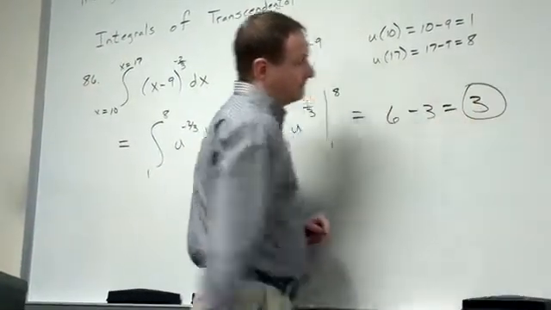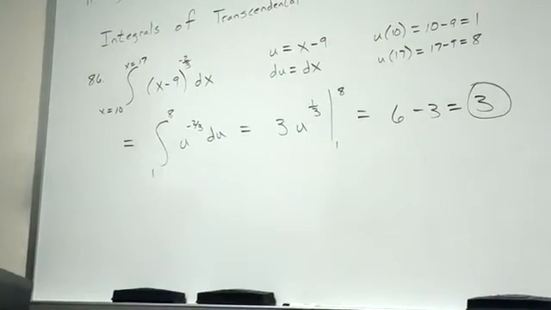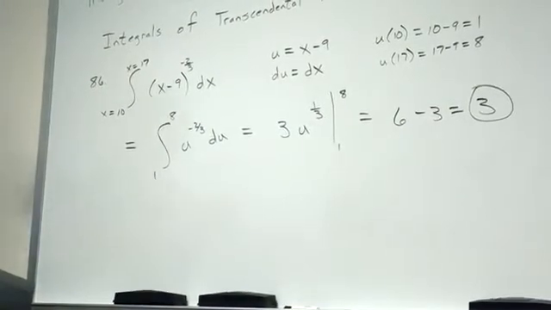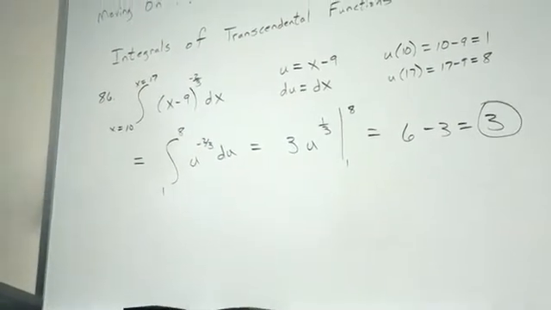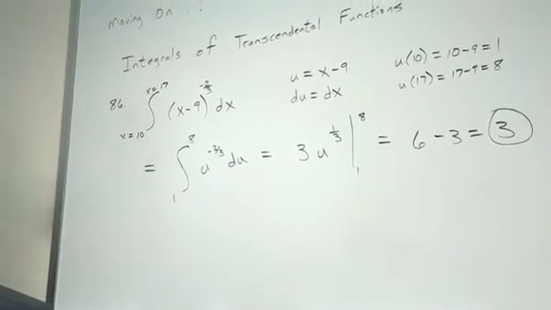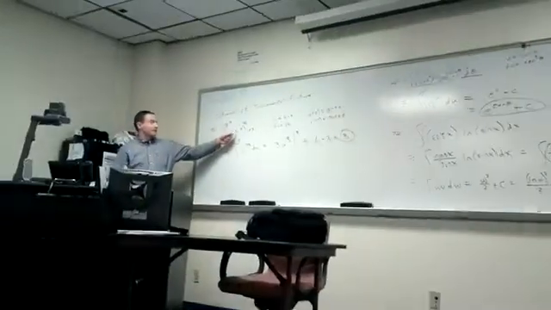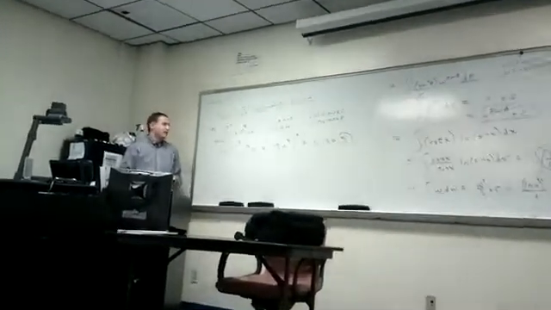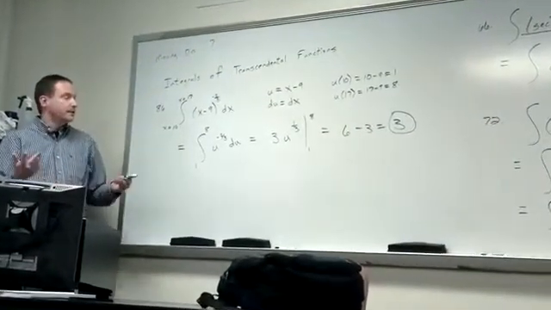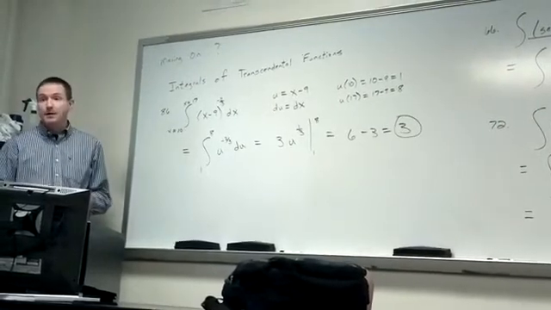Do you have to use u substitution on that problem? So to answer that question, no. But why did I? Because the section told me to. But you're right. As soon as I saw this, you could just say, well, this is the group x minus 9 to the 1/3 times 3, just by looking at it, and then evaluate from 10 to 17.